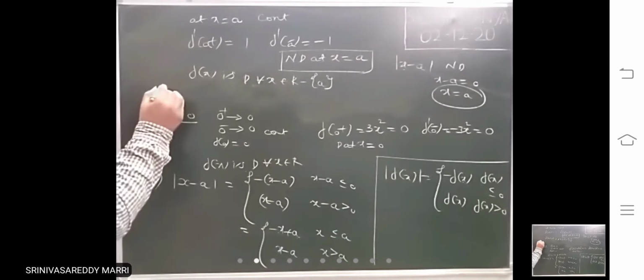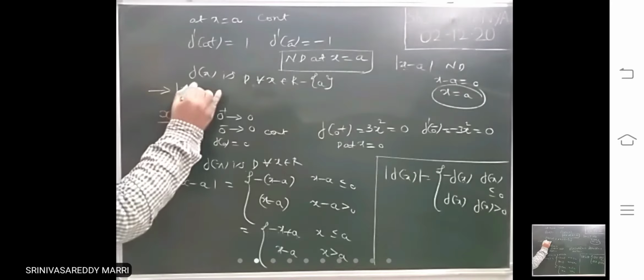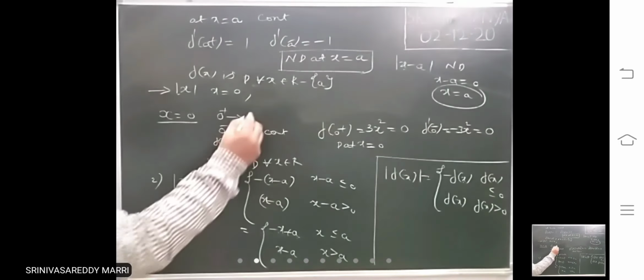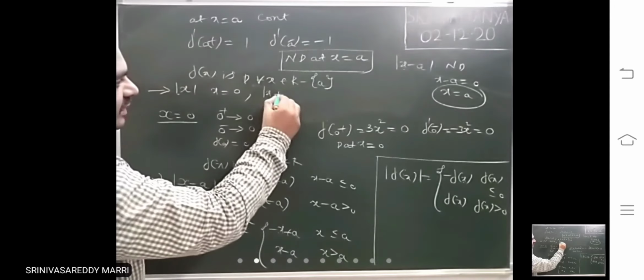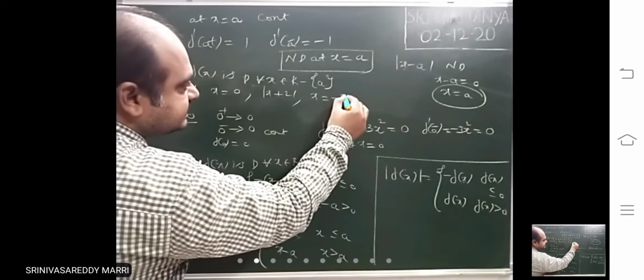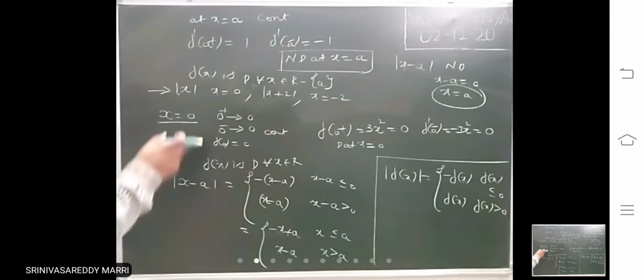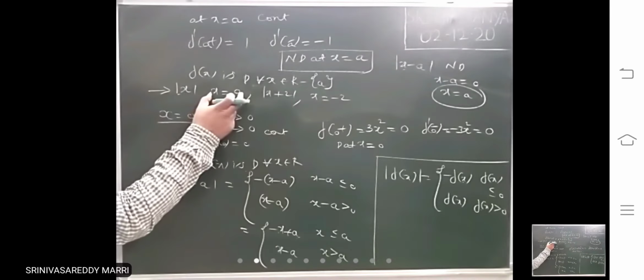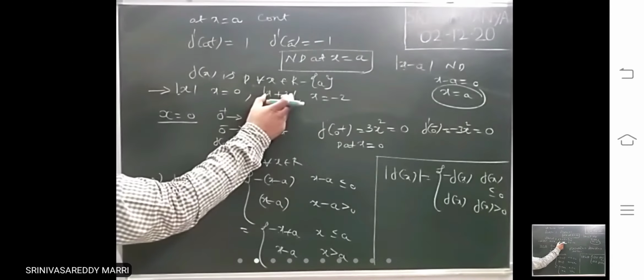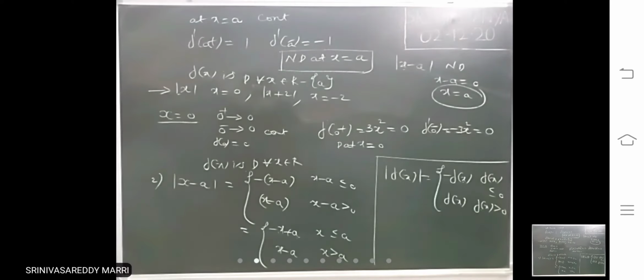For example, modulus x will not be differentiable at x equal to 0. Suppose modulus of x plus 2 is there, it will not be differentiable at x equal to minus 2. You equate the inside one to 0, and at that point it will not be differentiable. Shortcut.